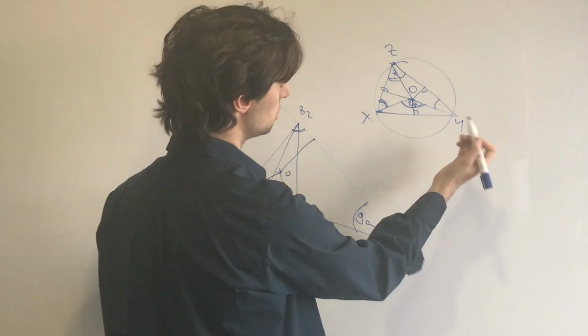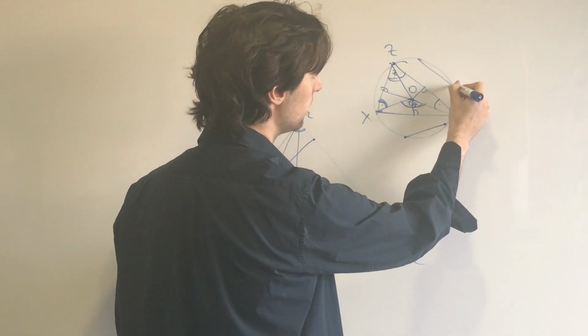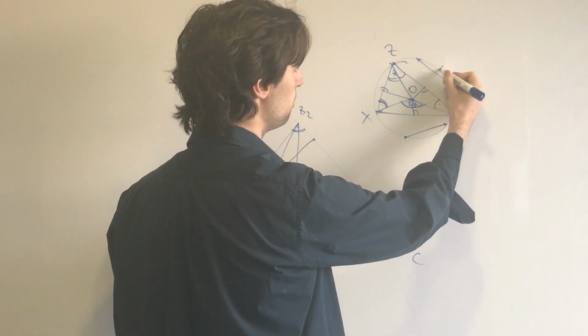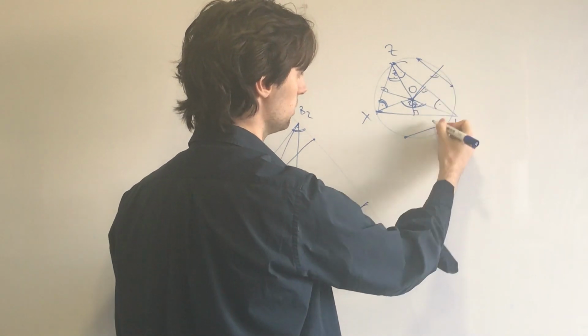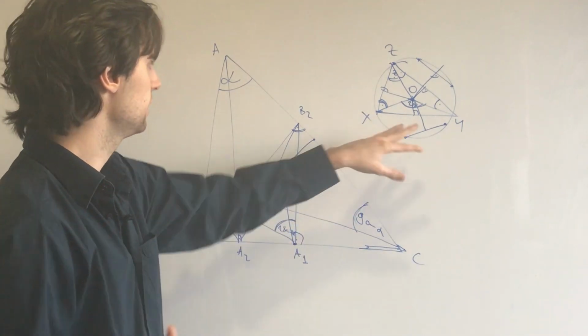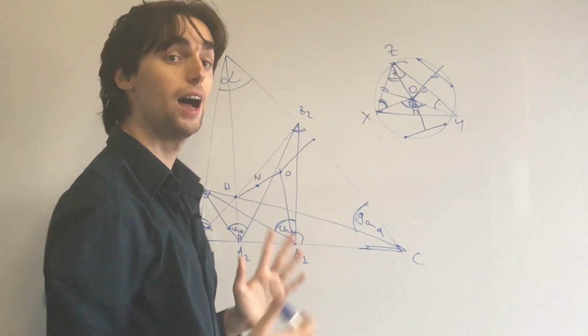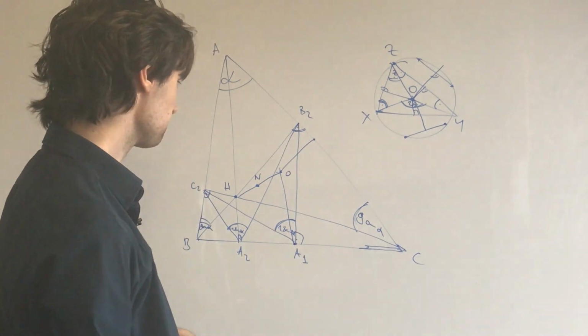And if I just gave you 2 chords, and we took their side bisectors and their intersection, assuming these two chords aren't parallel to each other, they uniquely define the circumcenter.